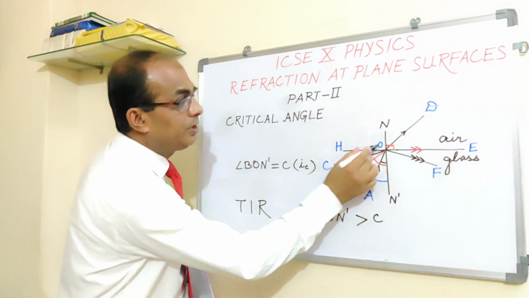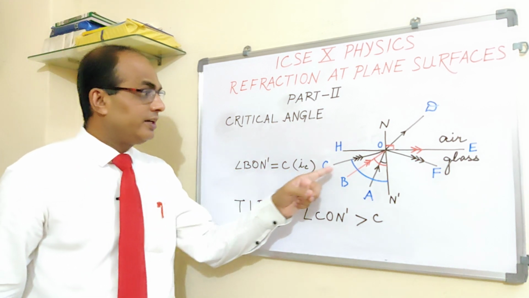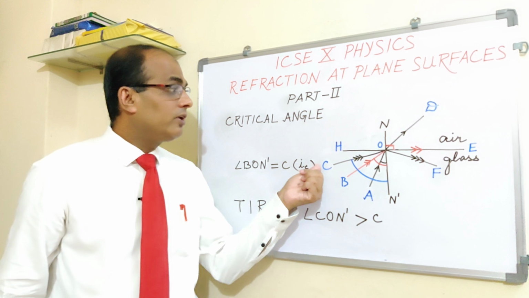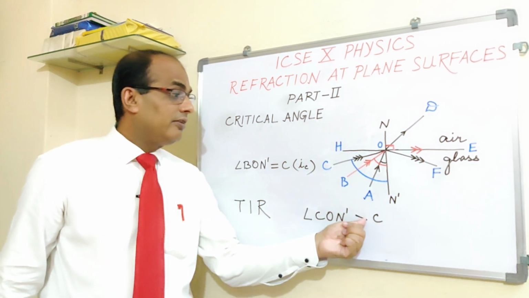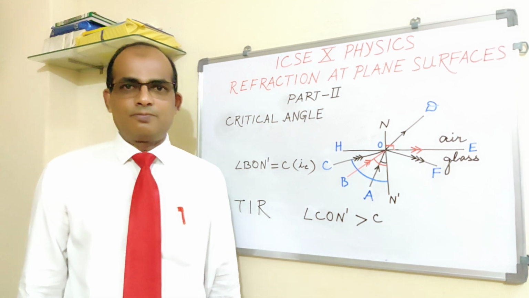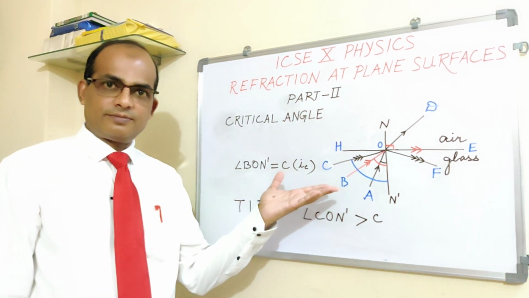Critical angle BON dash. BON dash is the critical angle. So of course, angle CON dash is more than angle BON dash, which is the critical angle. So these are the two conditions. So did I tell you anything new? Nothing, no. Everything we have already discussed.